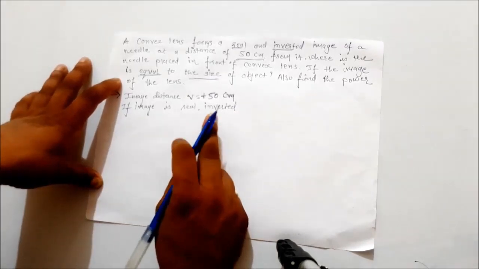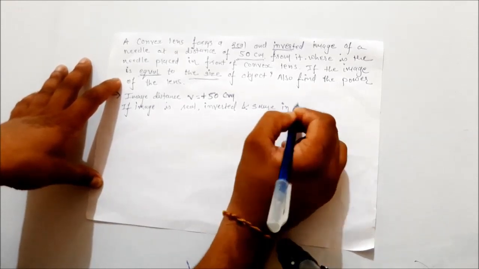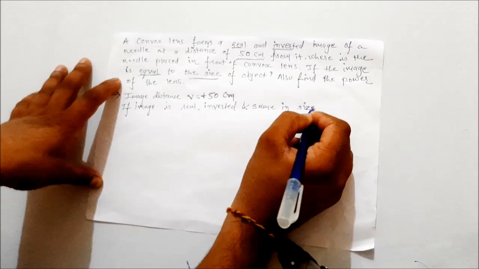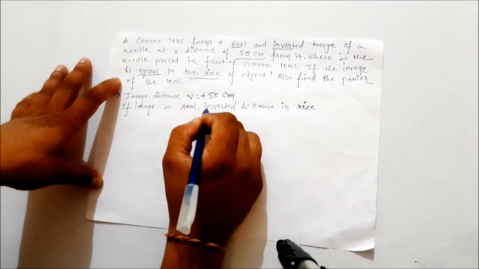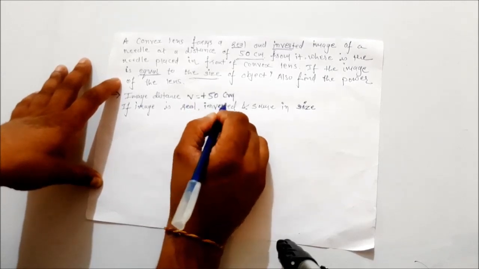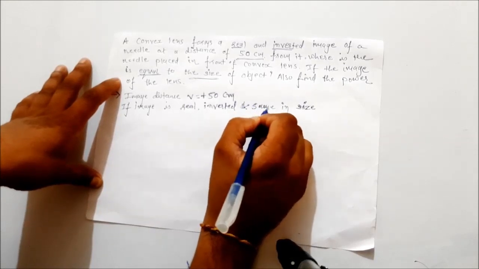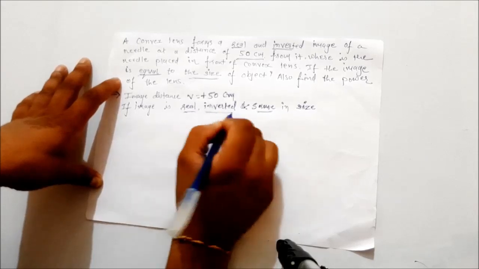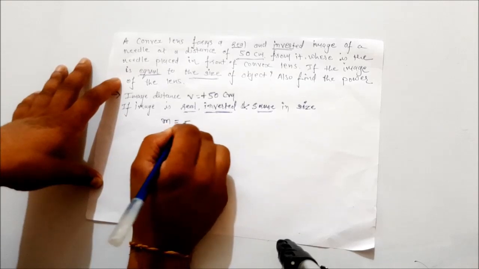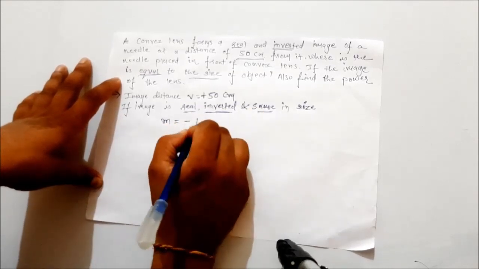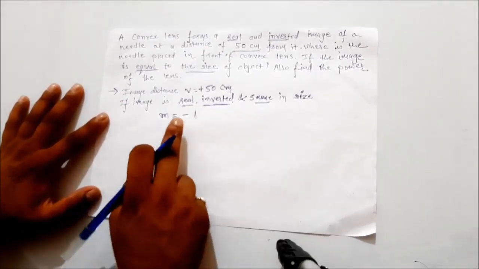If the image is real, inverted and same in size, see, real and inverted means in our magnification it will be negatively signed, and same means value will be 1. So from this data we can say our magnification will be equal to -1.